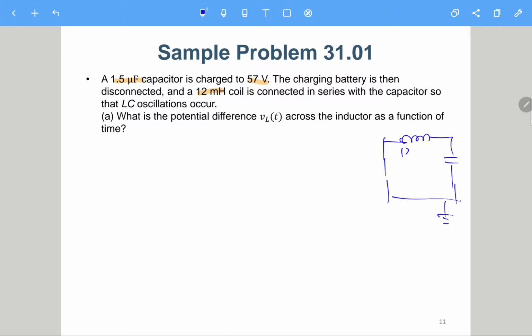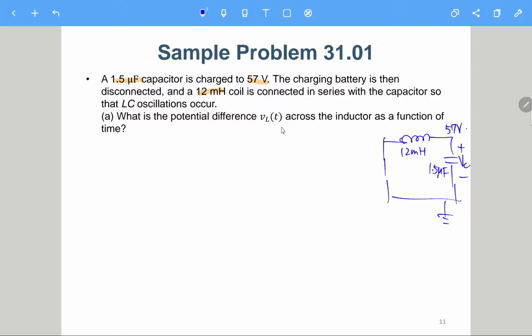So this is 12 millihenry. This is 1.5 microfarad, and the capacitor is charged to 57 volt at the very beginning. So it asks you what is the VL.